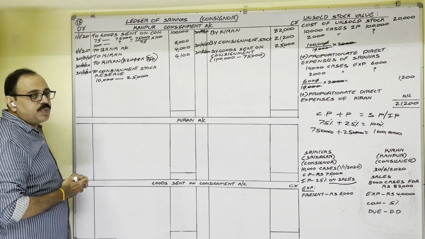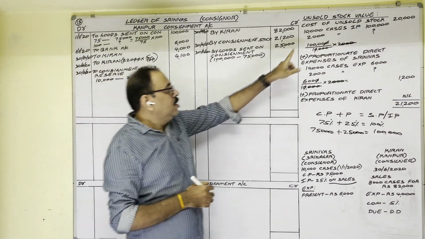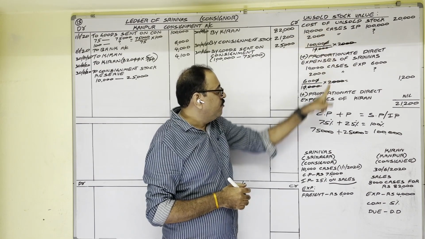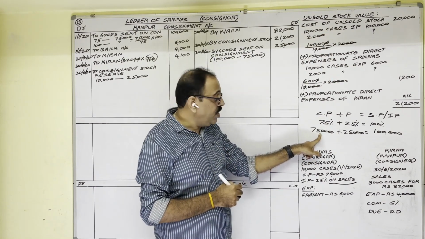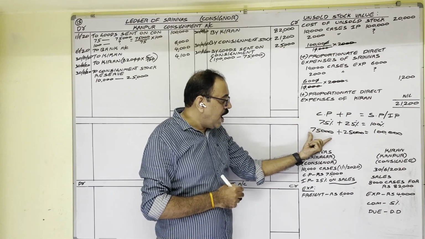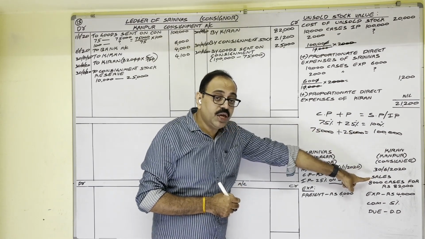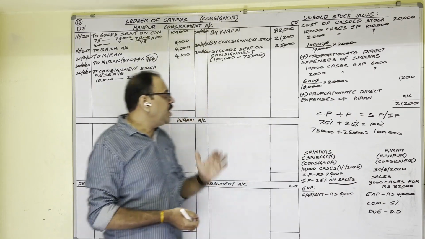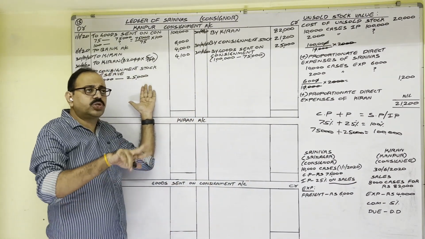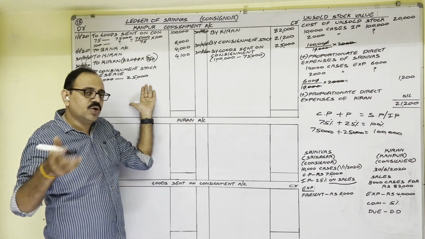In previous problems, in some problems, one case cost price is given. Otherwise, total goods and sold quantity will be given in the form of fraction or percentage. So directly we used to do unsold stock invoice price minus unsold stock cost price.